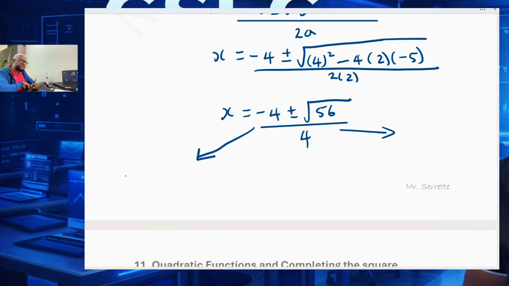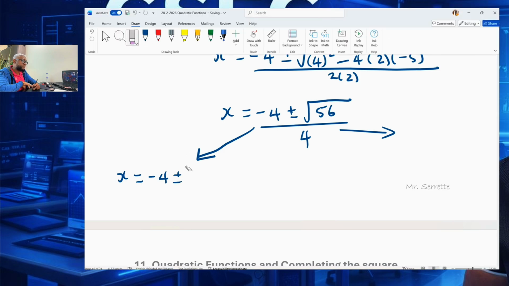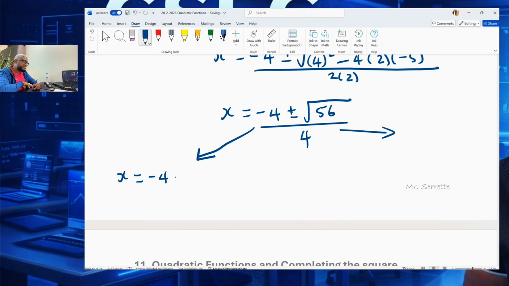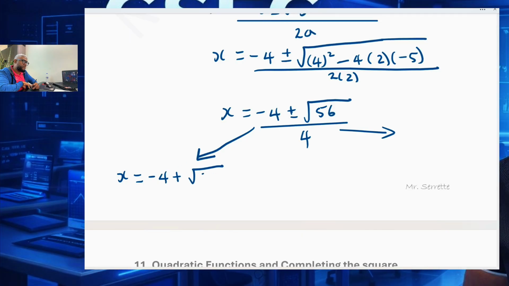So here we'll have x is equal to -4 plus or minus, no, not plus or minus. We're just using plus on one side and minus on the next. So plus the square root of 56 over 4. And on this side, x is equal to -4 minus the square root of 56, all over 4.